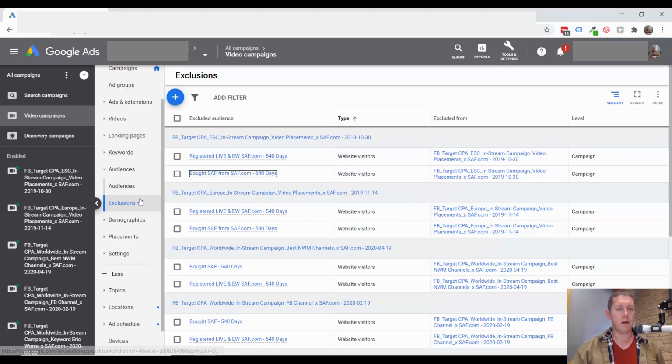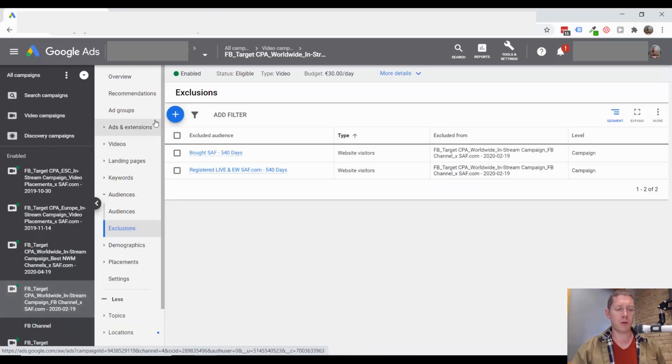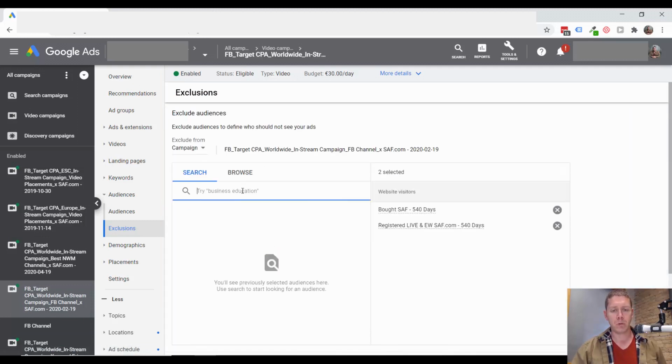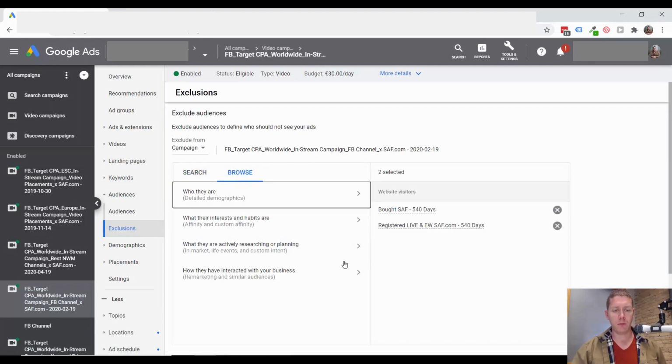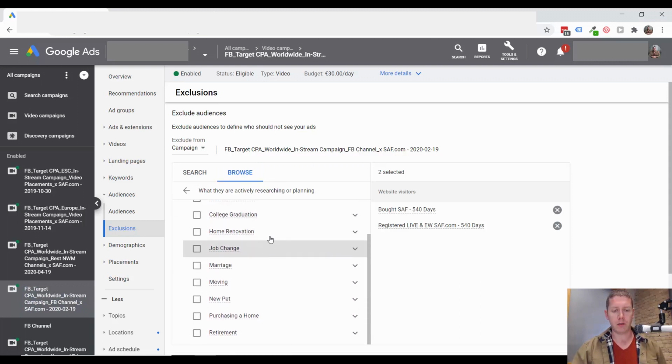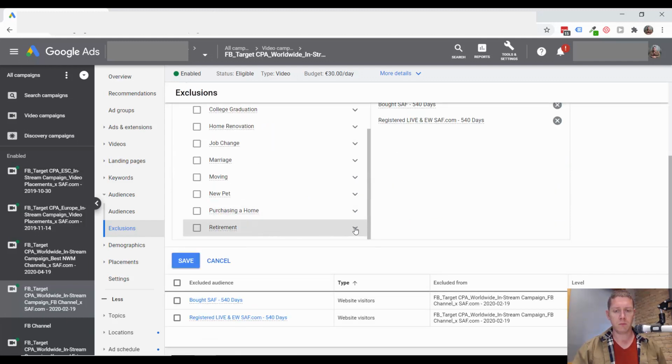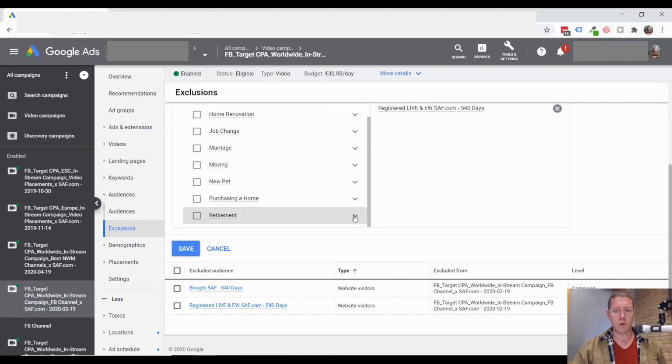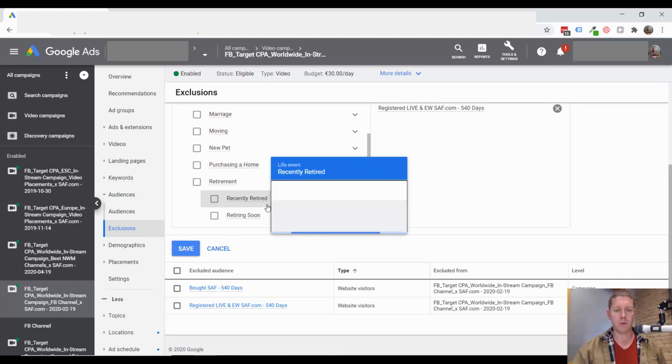Now, there might be other audiences to consider excluding. It kind of depends on who your target customer is. If you want to exclude any of these audiences, you can. For example, if we wanted to exclude anyone who is recently retired, we could exclude them.